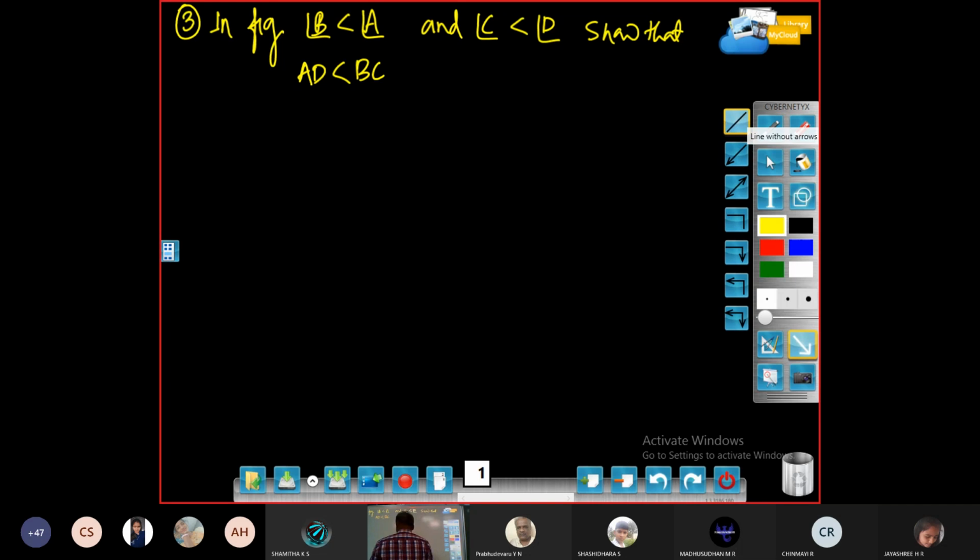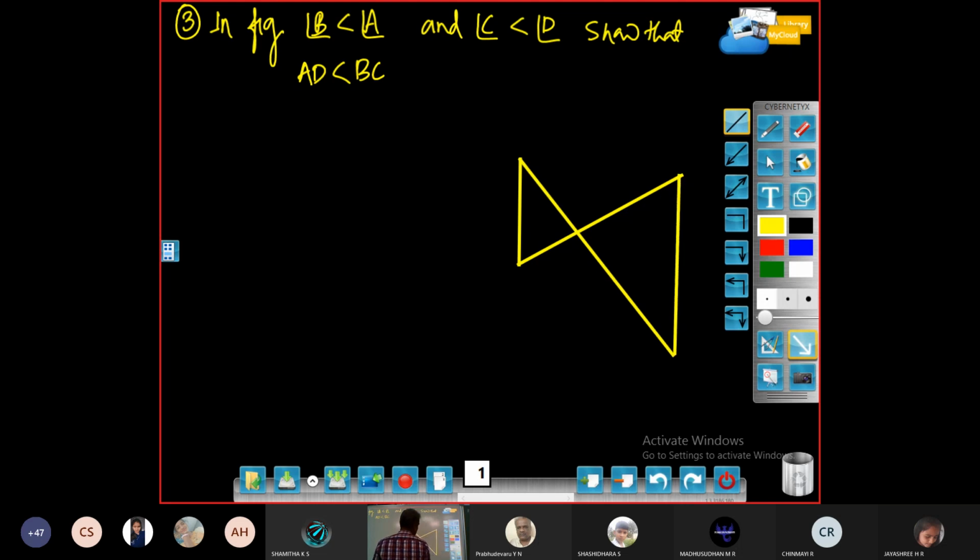So let us draw the diagram here. The line segments AB and CD intersect at O. So this is the given diagram.